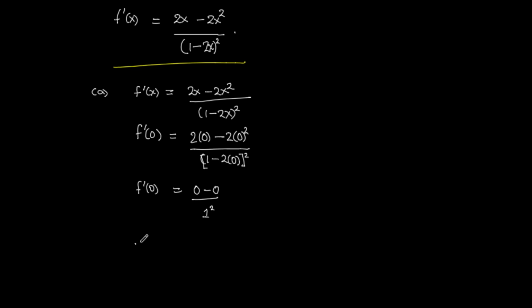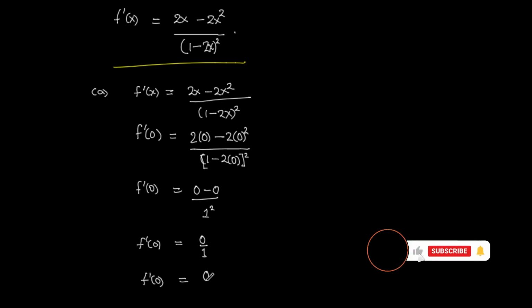So we square that 1, and then the square of 1 is 1. So we simply have 0 over 1, and 0 multiplying every number is just 0. So our answer for the first part is 0.